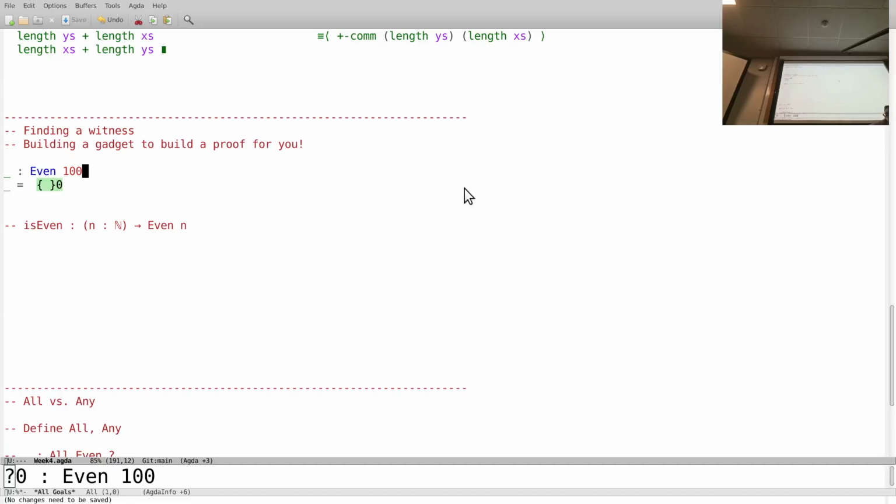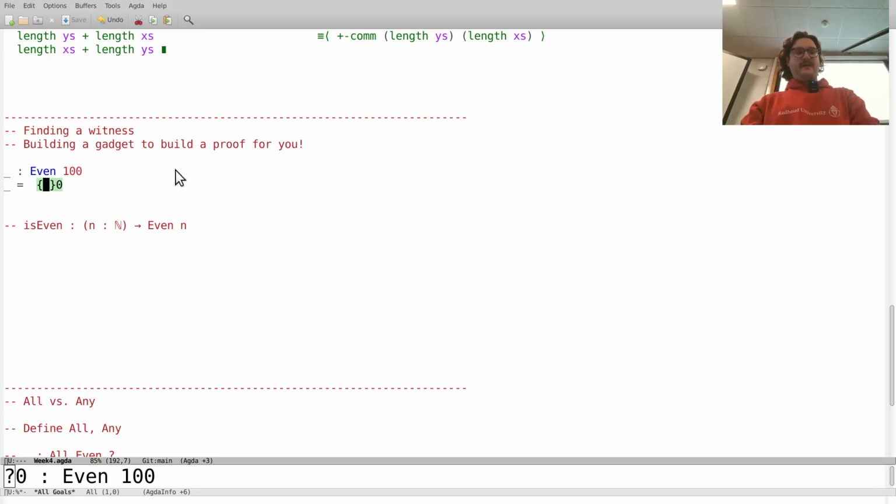And if you remember, we're saying that you're either 0 or you're the successor of an odd number. And if you're odd, it's because you're the successor of an even number. And so it's a total proof system. We can always prove that all of the even numbers actually are even, but it might be a bit noisy.